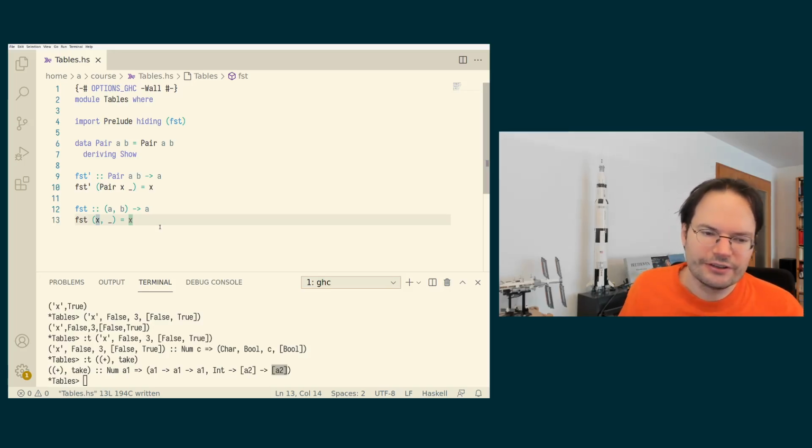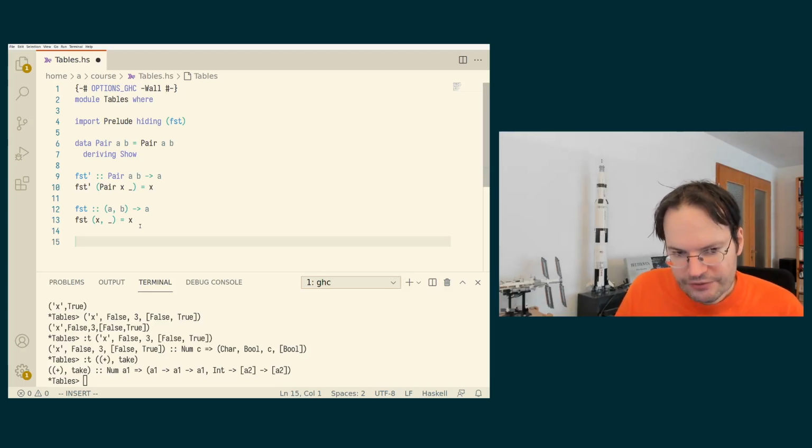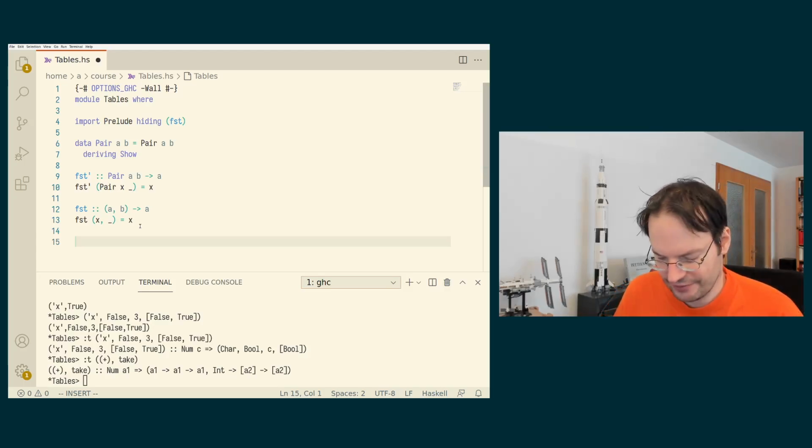There's one other function that I want to briefly discuss using pairs, and that is the function uncurry. It is sometimes a useful function because most functions in Haskell are curried, as we've said.